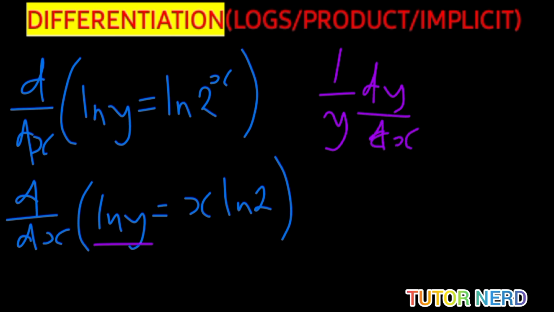Now this is being equal to, if we differentiate this part, look, here we're having two terms, x and ln 2. So what do we do? We're going to apply what we call the product rule. The product is the answer that you get after multiplying two expressions or two things.